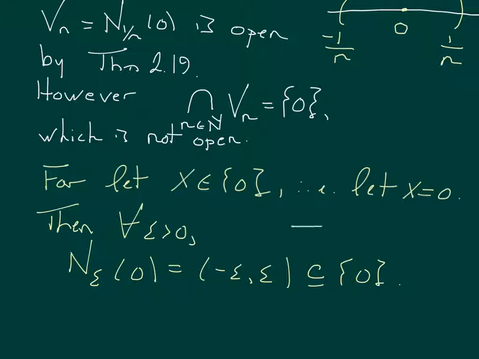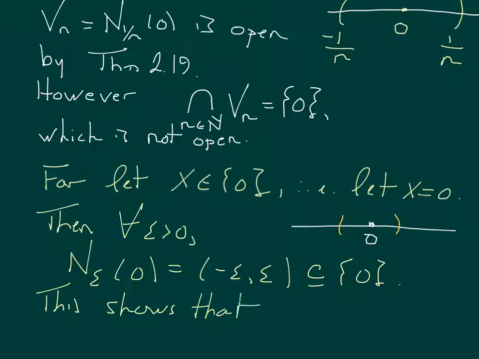All right, here is the singleton set {0}, and if we took any one of these epsilon neighborhoods about it, it would look like (minus epsilon, epsilon), and that obviously is not contained in the singleton set {0}. Okay, so this is enough to show that the singleton set {0} is not open.